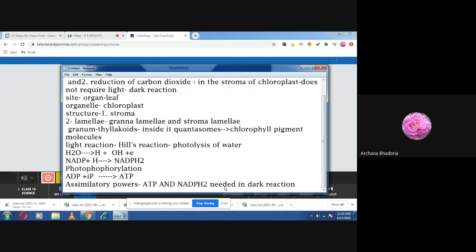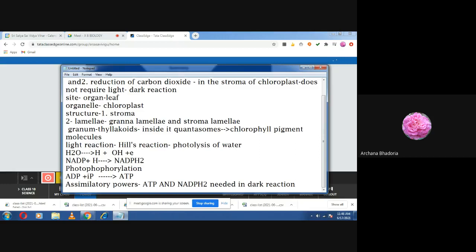So we have completed today which reaction? Light reaction. This is the mechanism of photosynthesis, children, we are doing. Okay, how the photosynthesis will occur, how the H2O and CO2 will form C6H12O6. So which two reactions will occur? Light reaction and dark reaction.